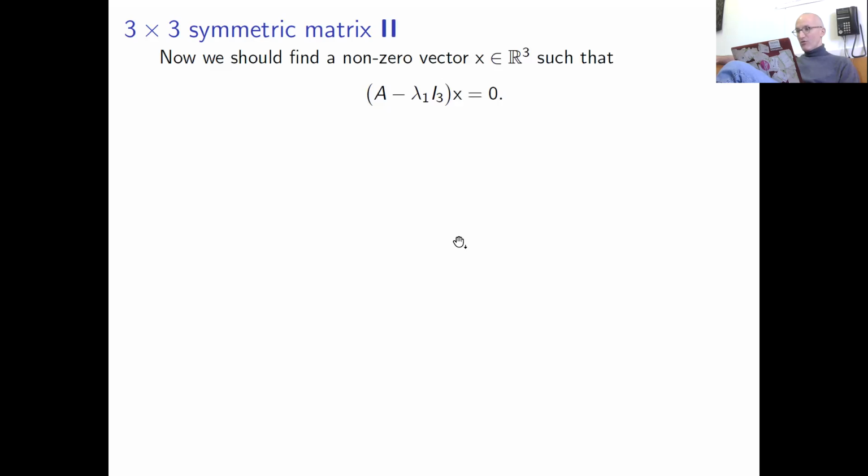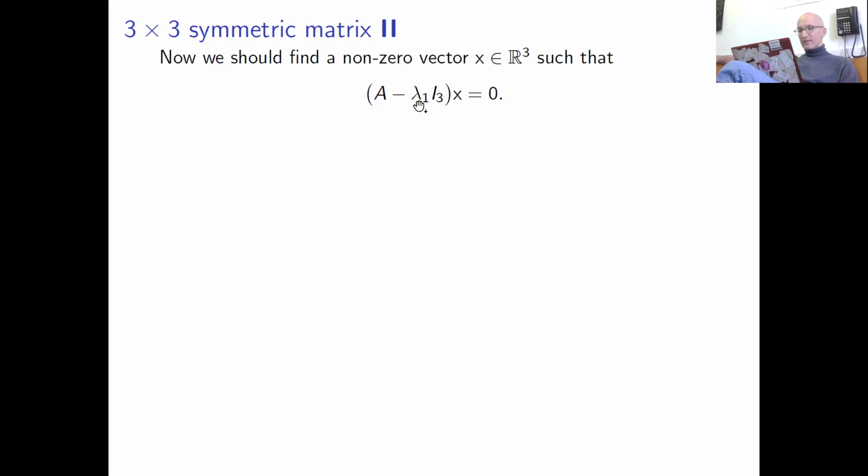We choose the first eigenvalue, and to find a non-zero eigenvector, all eigenvectors are non-zero. Basically, to find the eigenvector, we need to find a non-zero vector in R3, which satisfies this equation. This is more or less equivalent to the definition of an eigenvector with eigenvalue lambda 1.